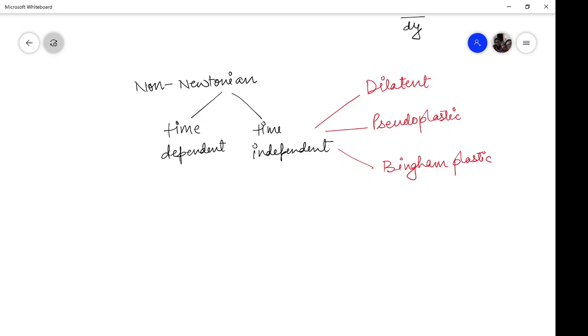The constitutive relationship for these non-Newtonian fluids was given by a power law model by the name Ostwald-de-Waele model. This is called the Ostwald-de-Waele equation or model.